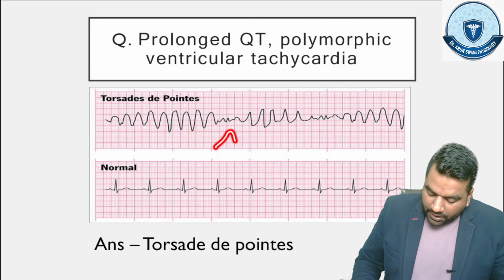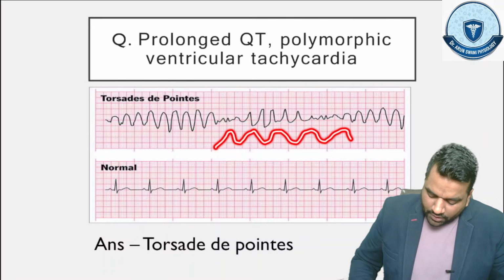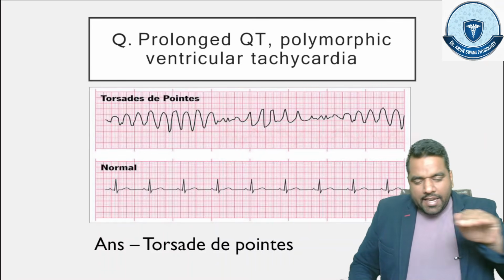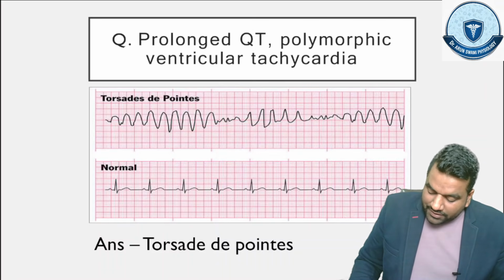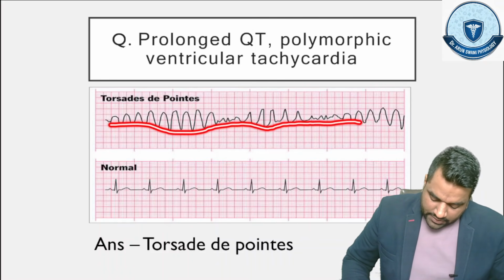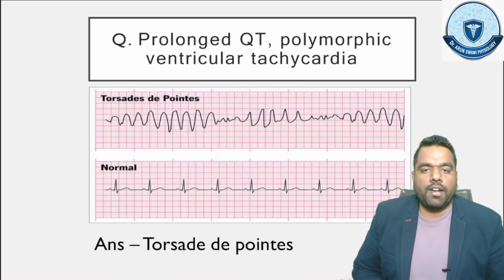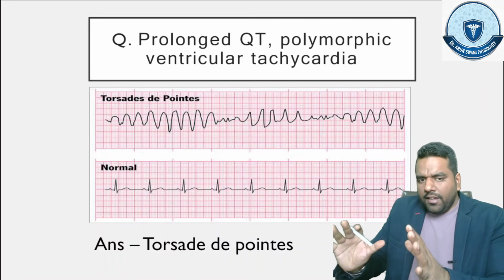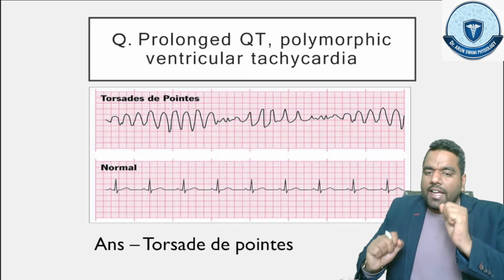Ideally, it should always come at the same level, right, but you can see this is like dancing over here. This is called polymorphic ventricular tachycardia. So whenever you see this, immediately go with the torsade de pointes.